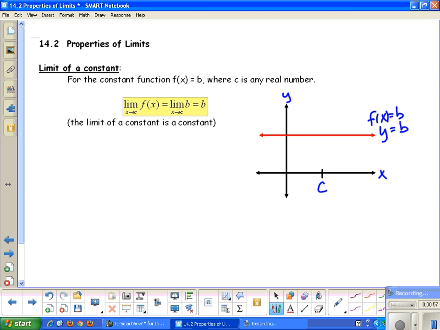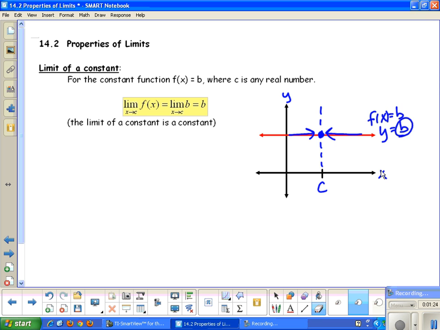Now remember, we said before we're trying to figure out the limit, or your y value, as your x values from the left and the right are approaching this value right here. So if we go along our line this way towards c and this way towards c, notice that my y values are always equal to this y value b, which is why we say the limit of a constant is a constant.